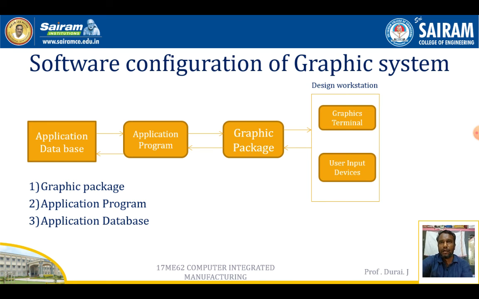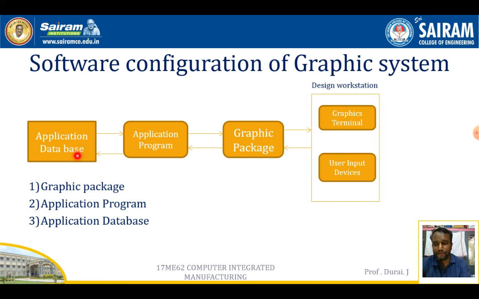Then comes the application database. In the application database, it stores the mathematical, numerical, and logical definitions of the application models, and it also includes alphanumerical information such as bill of material, mass properties, and other data.